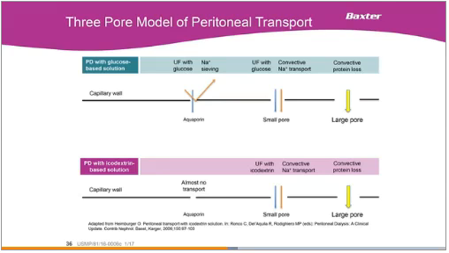Again, top line, PD with glucose-based solutions. We see water movement across the aquaporin. The sodium is sieved. It's retained in the plasma. But then that sodium and water can move through the small pore, a bit to the large pore even. And then PD with icodextrin will have a different mechanism. You see a different pattern there, which we will discuss.